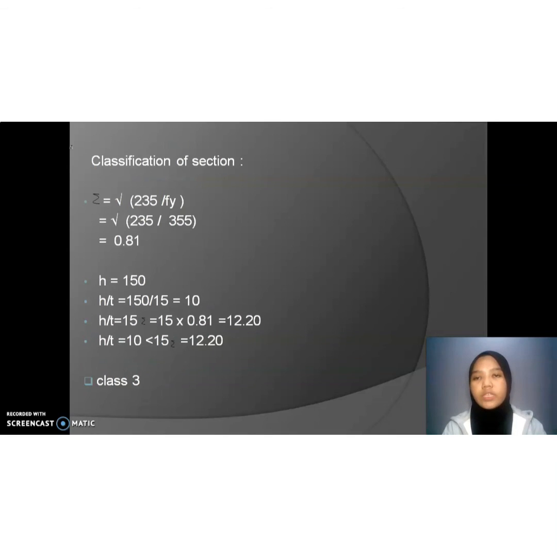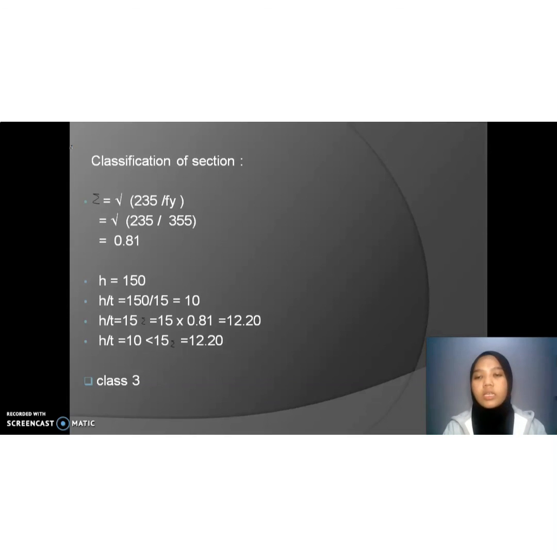For classification of section, the coefficient equals square root of 235 divided by FY. Square root of 235 divided by 355 equals 0.81.